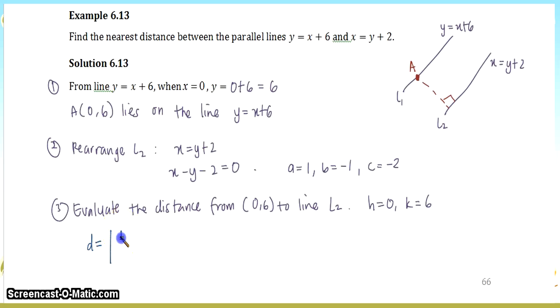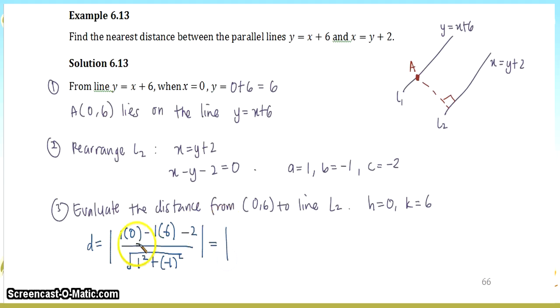So A is 1 times x, x is replaced by h, 0, minus 1 times y, we replace by k, which is 6, minus 2, divided by the square root of A squared, 1 squared, plus B squared, negative 1 squared.